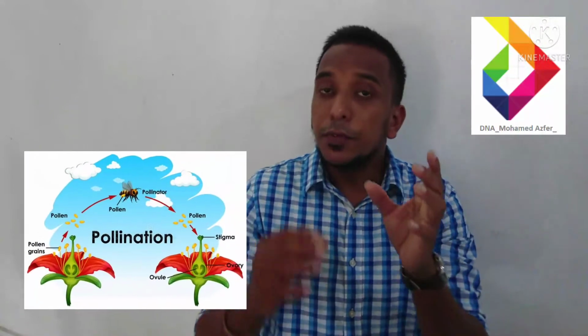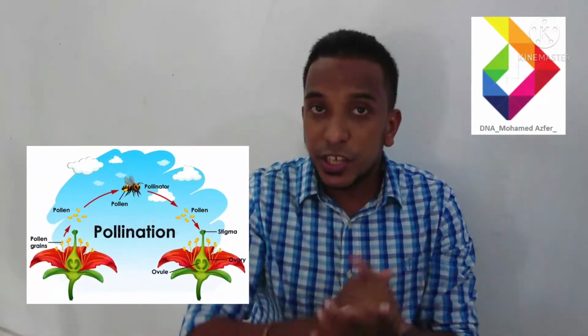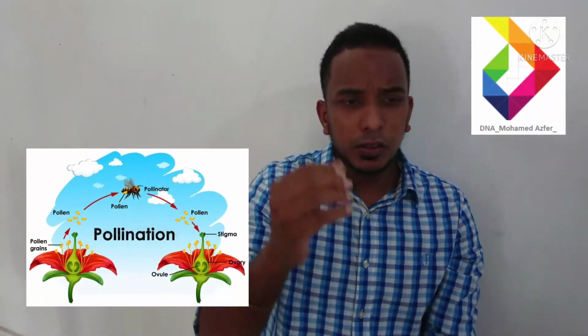Pollination is a process where the pollen grains of a particular plant are placed on the stigma of a flower. I will explain that later. You can see the description here of what pollination is. That is just a brief explanation, and later we will come to the topic of pollination.